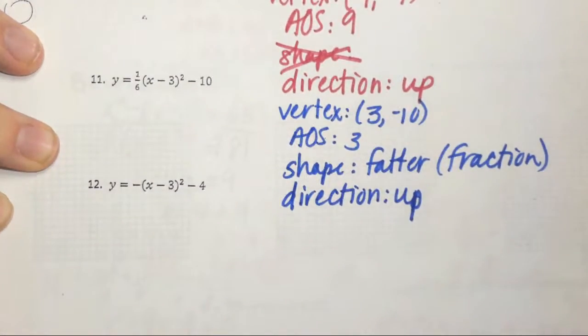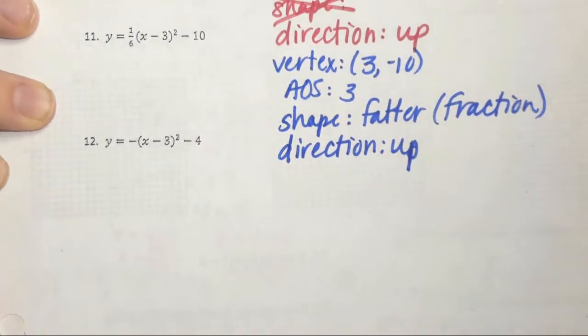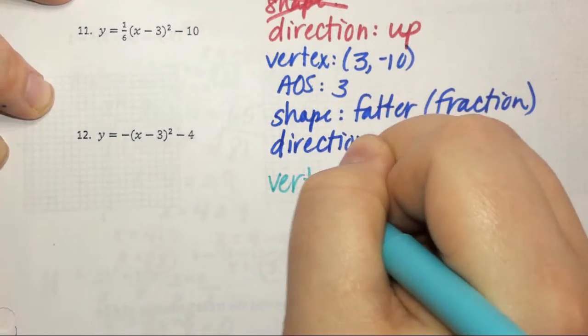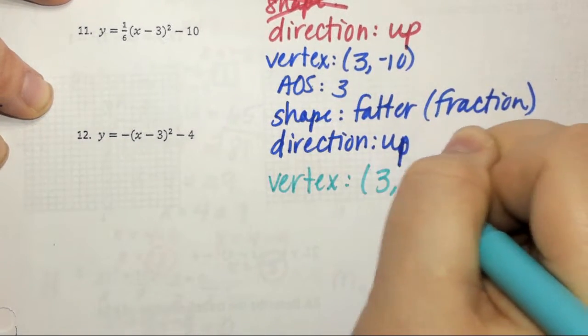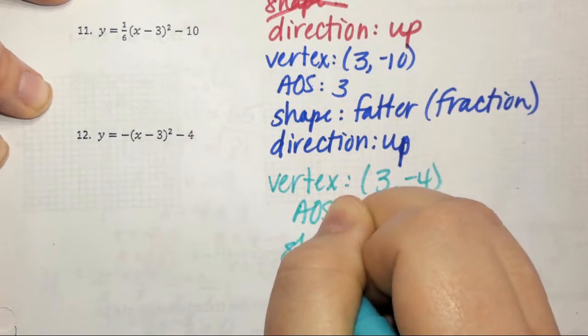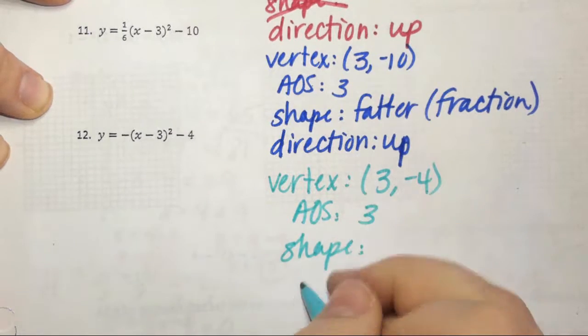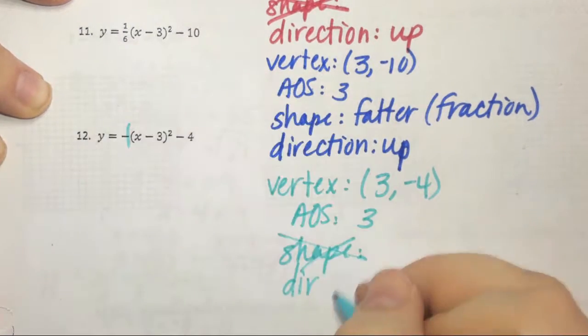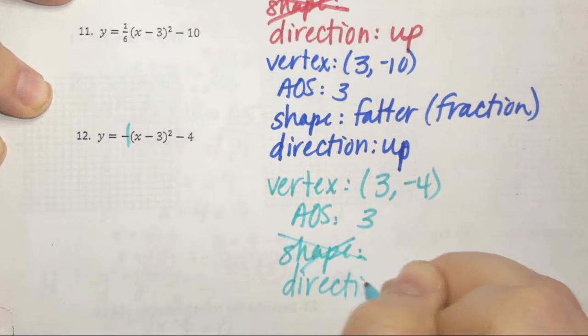Perfect. And then our final list. Hold on, let me get my pen ready before you start. Go. 3, -4. My axis of symmetry is 3. My shape is irrelevant because why? Because it's a 1 in front, and then my direction is down.